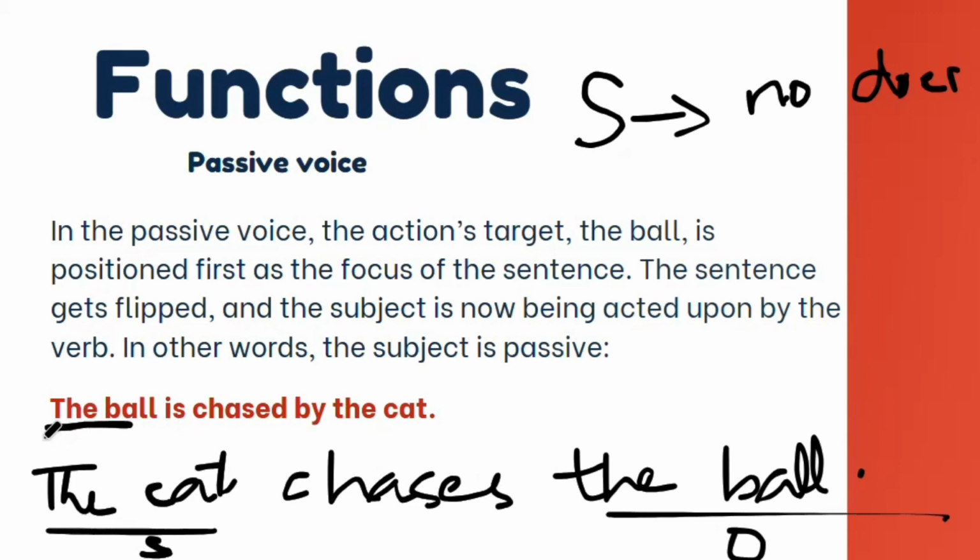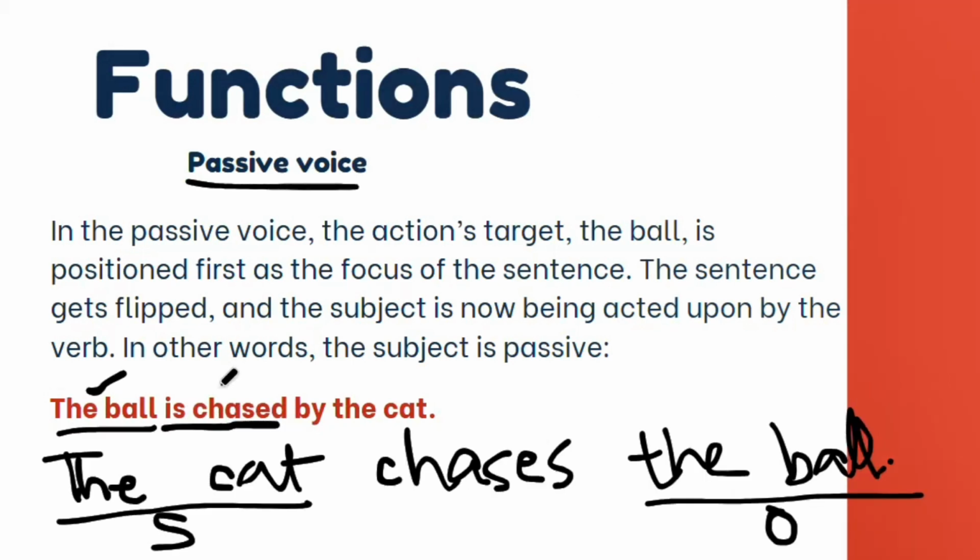But in this sentence, this is a passive voice example. What has happened? That the ball that is doing nothing has become the subject. It means our subject is not the doer of the action anymore. It's not performing any action. The action is still here, is chased, but now it is transferred to the subject of the sentence, the ball.